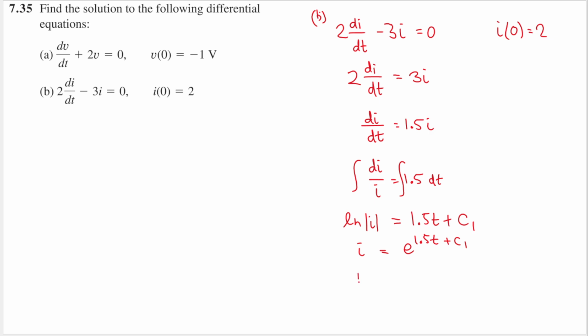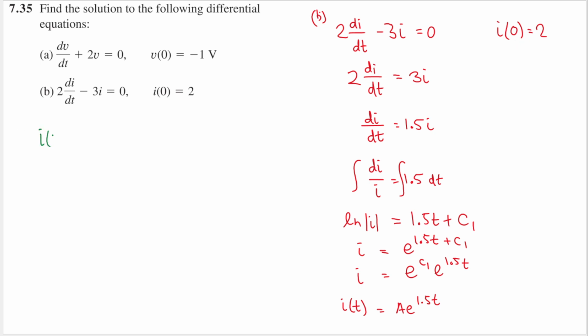Okay, we can rewrite it as i is equal to e to the C1 multiplied by e to the 1.5t, right? But this is a constant, so I can rename the constant as A, right? So I will have A e to the 1.5t. Okay, so our final task is now to find out this A here, and we can do it by using this initial condition.